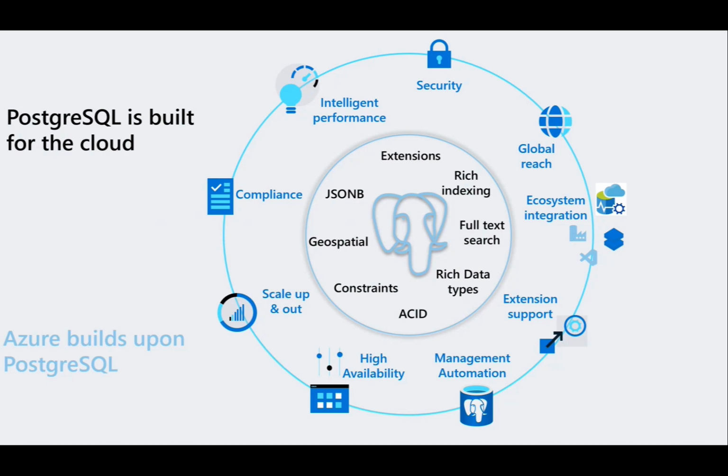You get global reach with data centers all throughout the world. And you get integration into an ecosystem that has already built in ETL, big data, data warehousing and other big data tools that can be used together with your Postgres. You get automation for your management, and you get high availability. We'll talk about some of these details today as well.